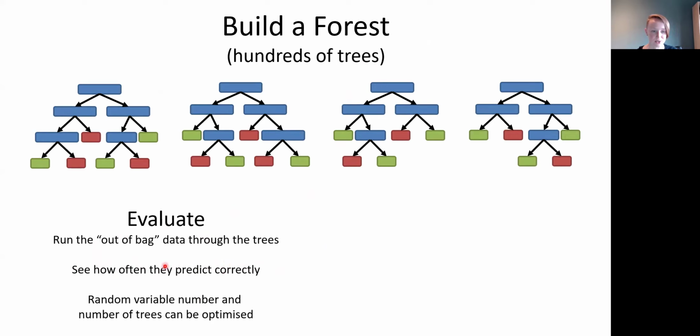So that's a really useful way of evaluating as you're building your model. And you can also optimize the random variable number and the number of trees that you have in your forest as well. So there's a couple of tuning parameters that we can have a play around with at the same time.